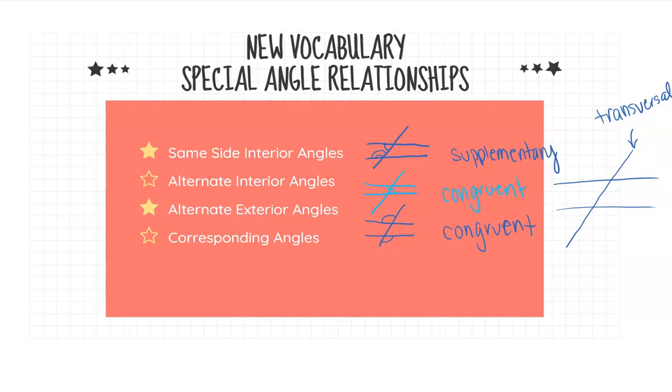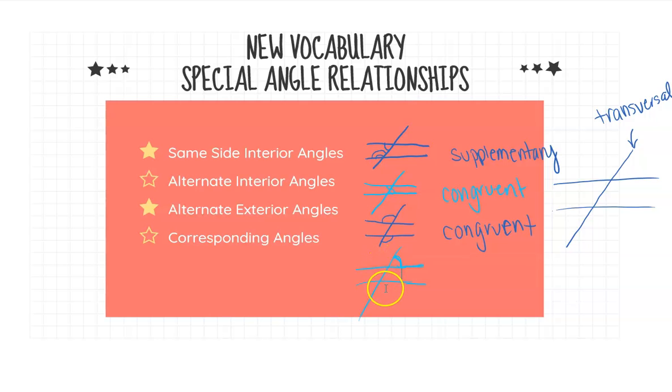And last but not least, we have corresponding angles. So with corresponding angles, we're kind of just looking at the position where our angles are. So for example, let me extend that a little bit. If I am looking at this angle here, that angle is in the top right of these four angles.